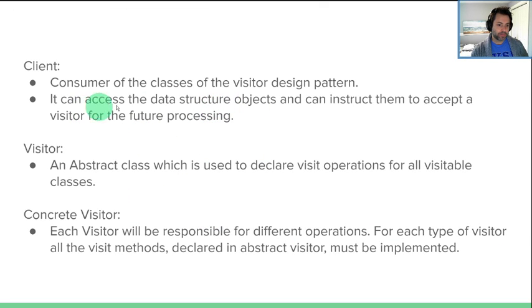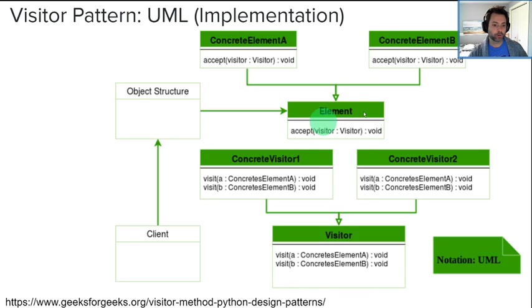We can, via the client's class, tell our data structure to accept a visitor. And what this visitor is, it's just something that gets passed in that's going to be executed somewhat blindly. Right? So again, this is behavioral. We're trusting that our algorithm is going to do something correct here.